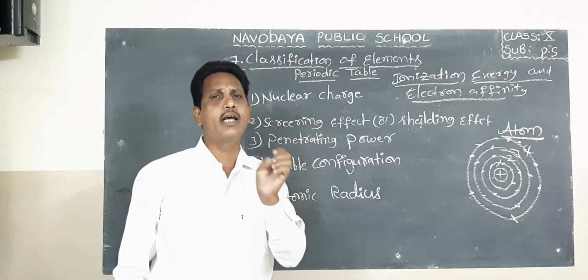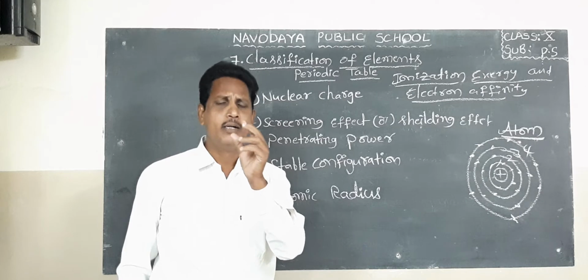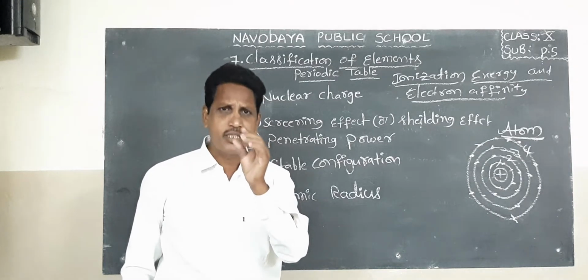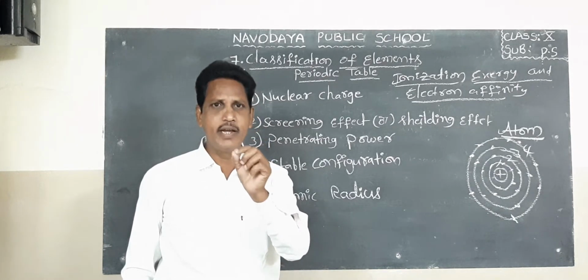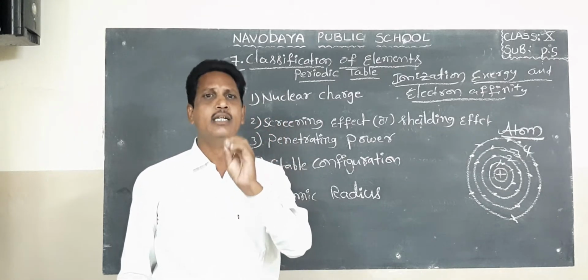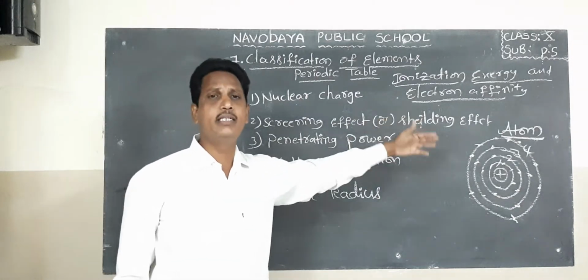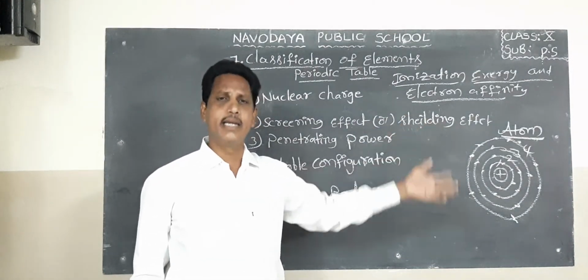If screening effect or shielding effect decreases, the atom contains fewer shells between the nucleus and the outermost orbit, so the size of the atom decreases. Thus, if the size of the atom decreases, ionization energy and electron affinity increase.